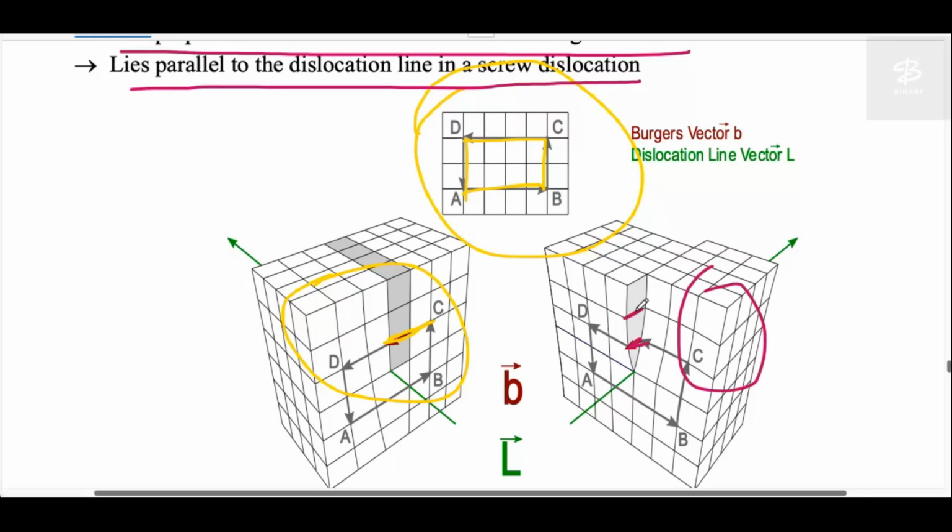If this is your dislocation line defect, the whole body is moving this side. Is this movement parallel to this line or perpendicular? It's definitely parallel to this line, right? So then it is known as a screw dislocation. And if it were perpendicular like this, then it would be an edge dislocation.